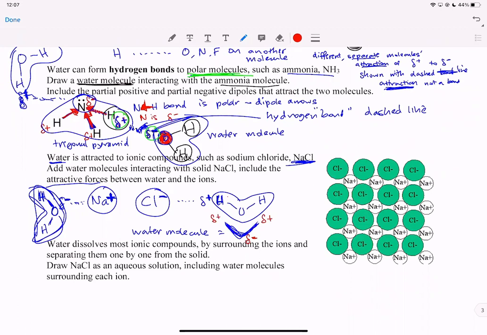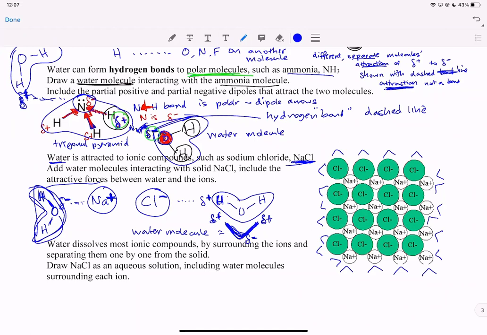And so if we're going to add the water molecules on all of this, the way this is going to look is you have the partial negatives at the pointed end. So the pointed ends are going to be attracted to the positive sodiums. But the open end, the partial positives, these guys are the open end of the water molecule, that V shape. So the negative chlorines will attract the water molecules this way, with the open end. So see how that's very purposeful. You have the open end versus the pointed end.